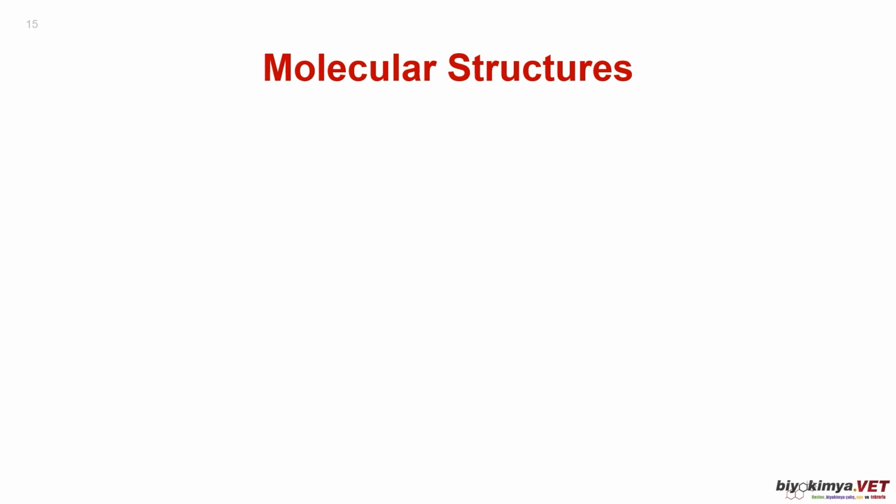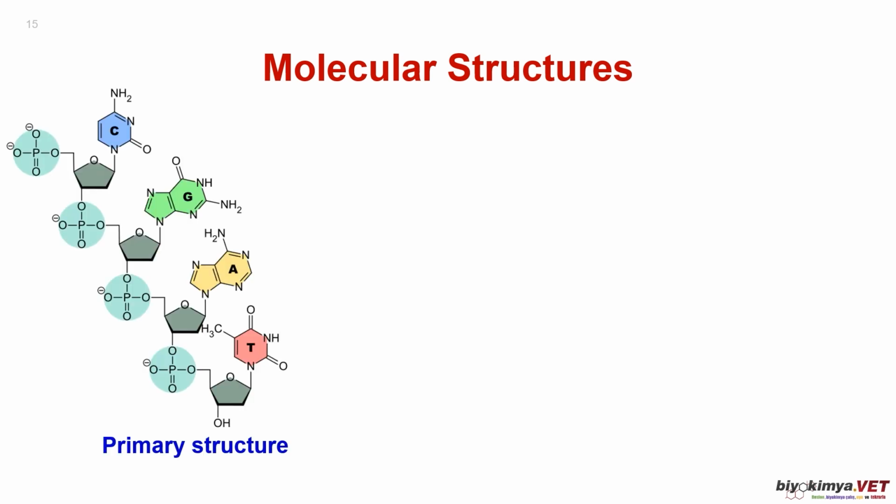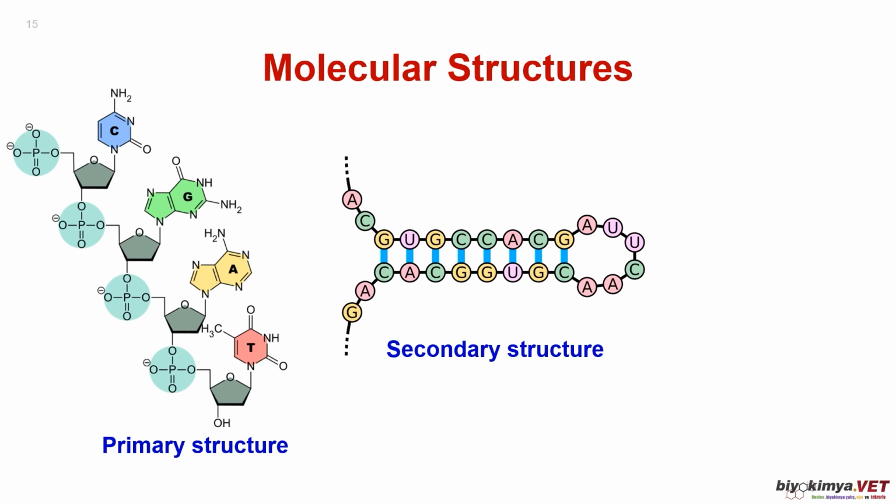As in proteins, they have a primary structure, and the primary structure of a nucleic acid is the linear arrangement of nucleotides. There is also a secondary structure of nucleic acid, and as you see here, an example for RNA. A secondary structure encompasses small local folding motifs, helices, and stem loops.